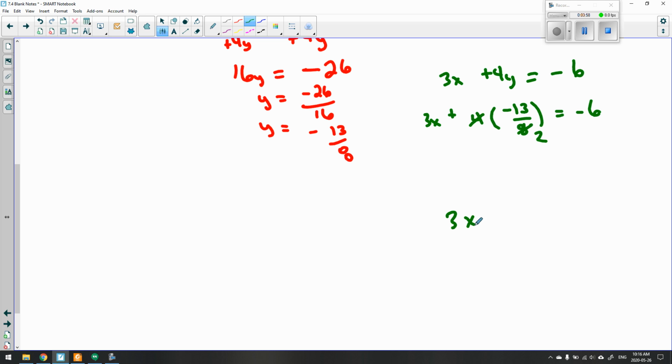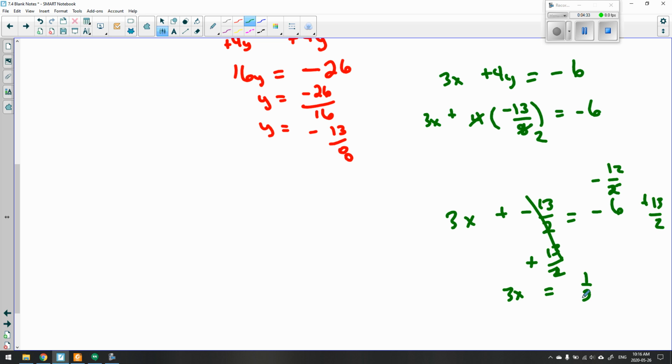So we get 3x plus -13 over 2 is equal to -6. So we're going to add 13 over 2 to both sides. Now -6 is just -12 over 2. So -12 over 2 plus 13 over 2 will be 1 over 2. So we get, this cancels, we get 3x is equal to 1 over 2.